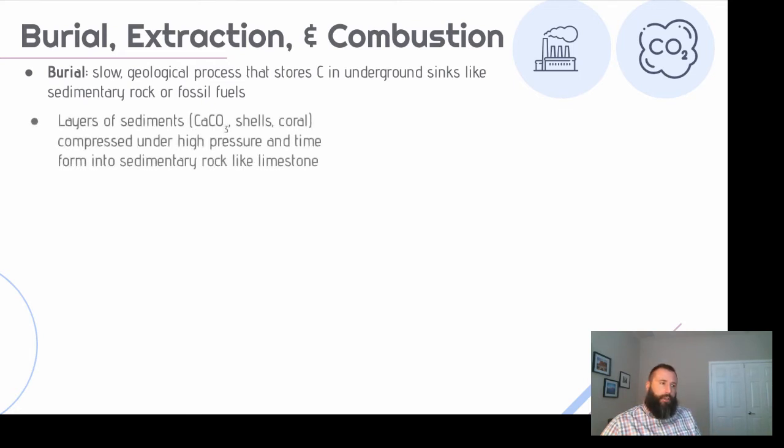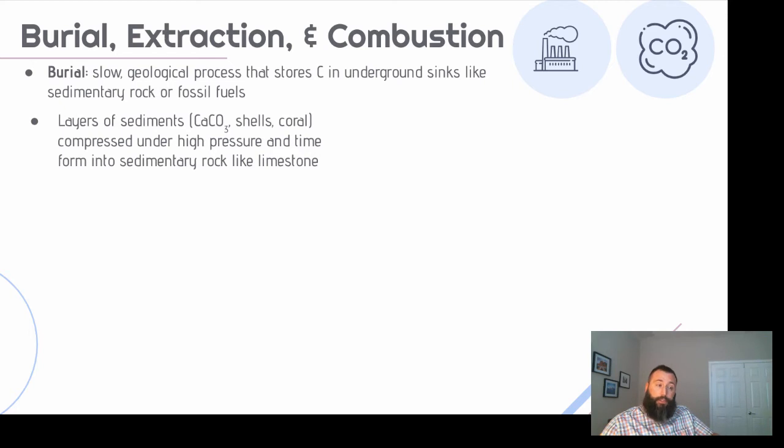So with sedimentary rock, these layers of sediment, right, start to accumulate on the floor of the ocean, like calcium carbonate. That's a molecule that is made as a result of sedimentation on the previous slide. Shells made up of calcium carbonate, coral, over time start to accumulate in layers.